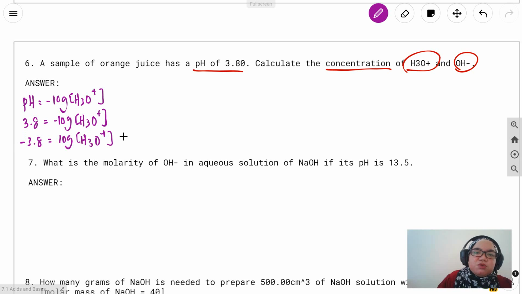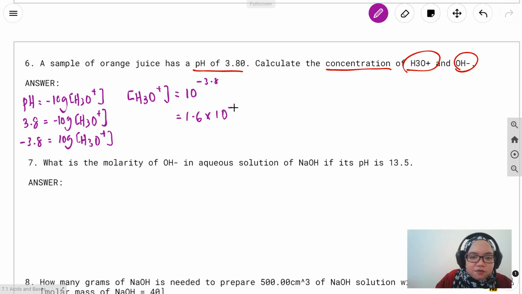I am showing this so you know how to use the calculator. Okay? If you don't write this step, it is fine. You can go straight to the answer. So to find the concentration of H3O plus, we shift log, so the base is 10, right? So 10 to the power of negative 3.8. So we will get the concentration of H3O plus is 1.6 times 10 to the power of negative 4 molar. Okay.